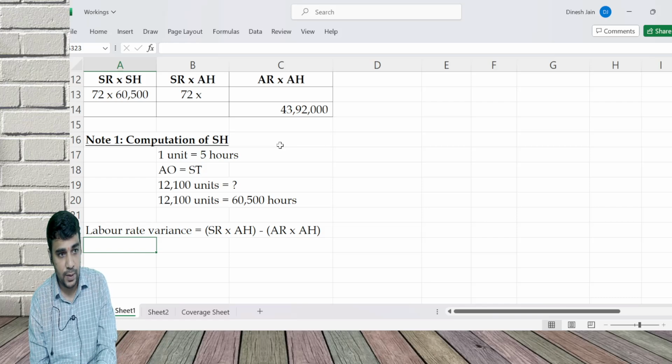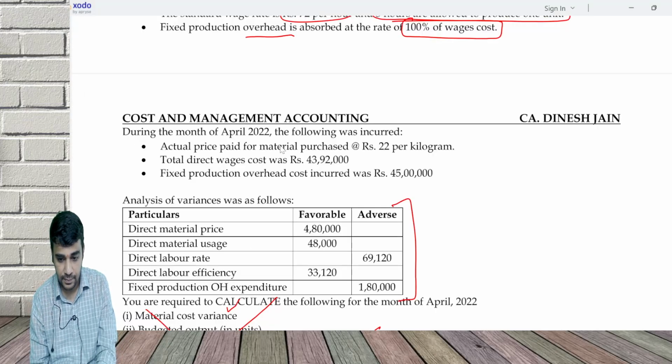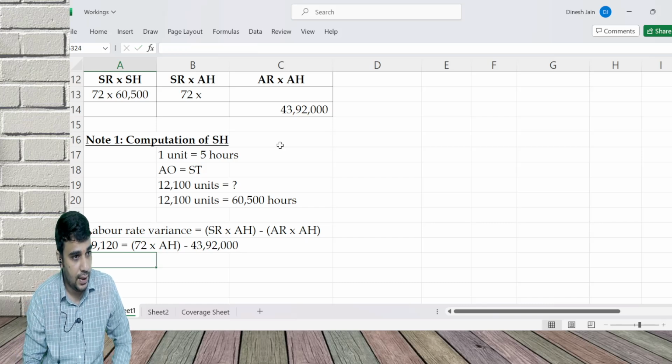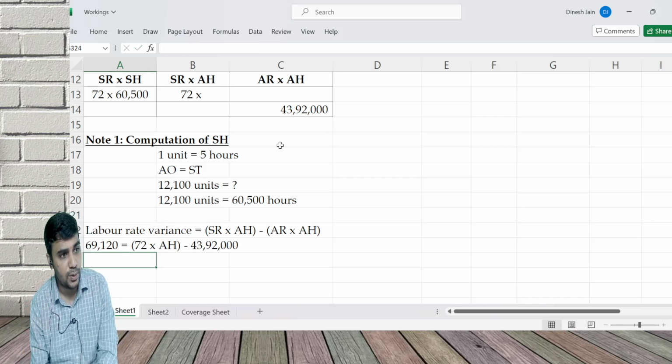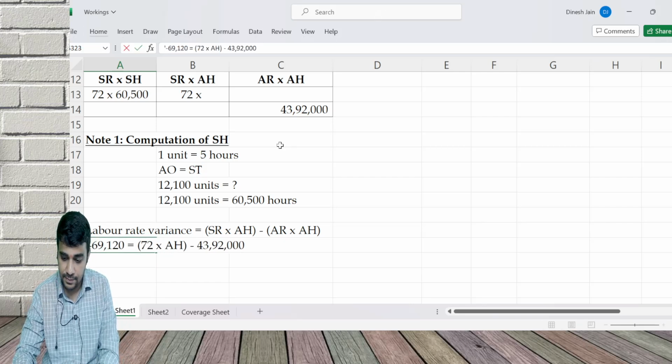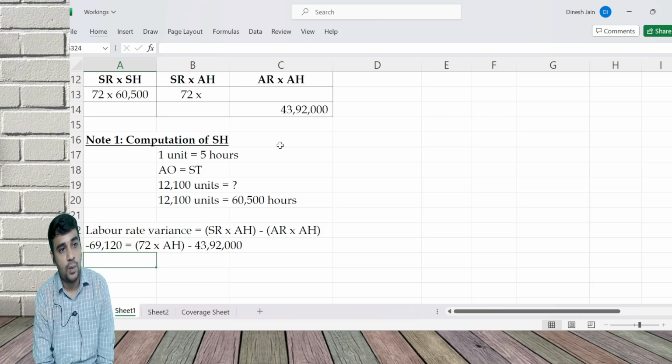How much is the labor rate variance? 69,120 is equal to 72 into AH minus 43 lakh 92,000. AR into AH is known. 72, 69,120 favorable or adverse? Adverse, then minus. Minus 69,120 is equal to 72 into AH minus 43 lakh 92,000.